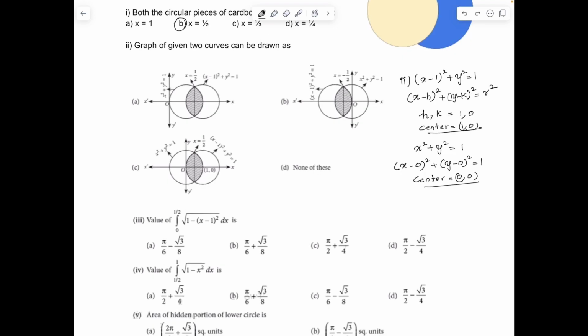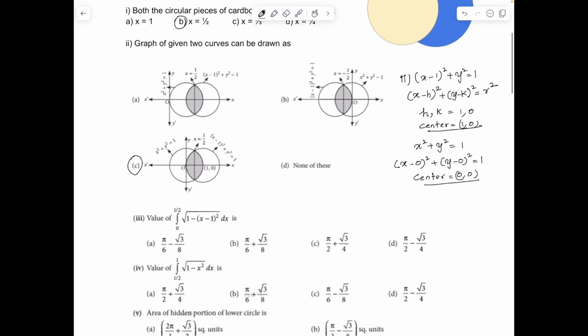On checking all the given options, C is a suitable answer. One circle is drawn with center (0, 0), that is the circle x square plus y square equal to 1. And the second circle (x minus 1) the whole square plus y square is equal to 1 has the center (1, 0). So the answer is C.